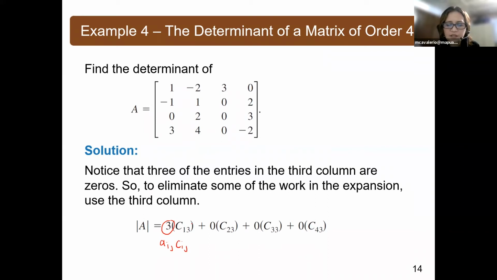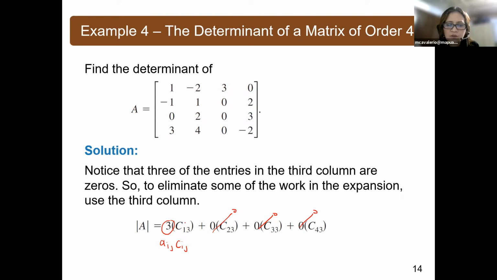So we will have 3 times the cofactor C13, plus 0 multiplied by the cofactor C23, plus 0 times the cofactor C33, plus another 0 multiplied to the cofactor C43. Since these are 0, we only have to deal with 3 multiplied by cofactor C13.